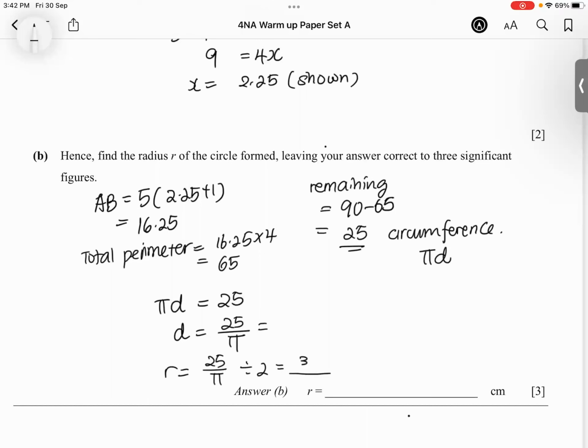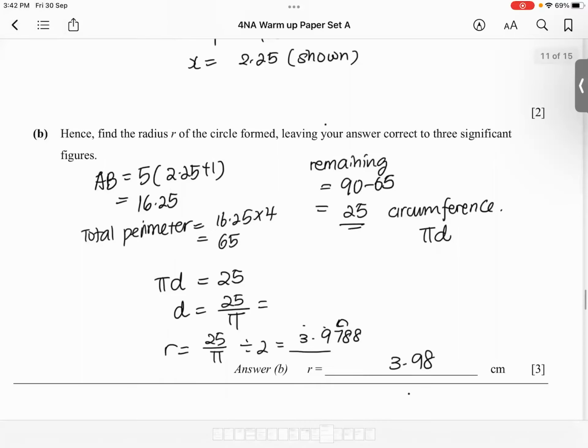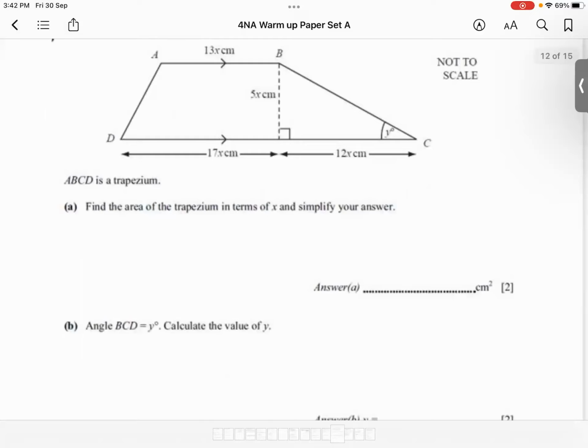Answer will be 3.9788. Round up, 3.98 cm. Answer. Is this okay? You're working backwards. Okay. This is for 2D diagram. Next type. Next question.